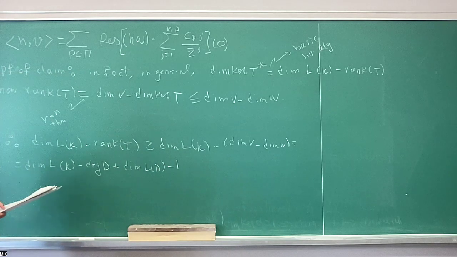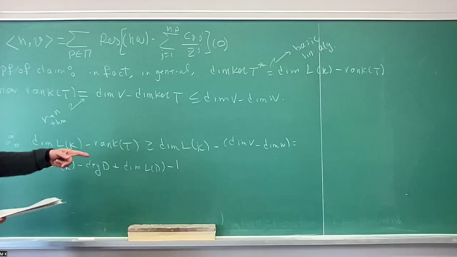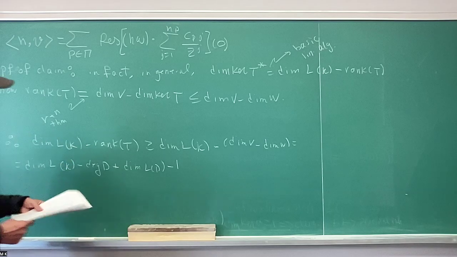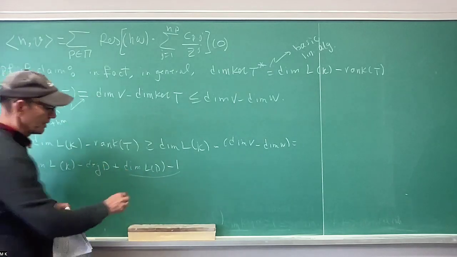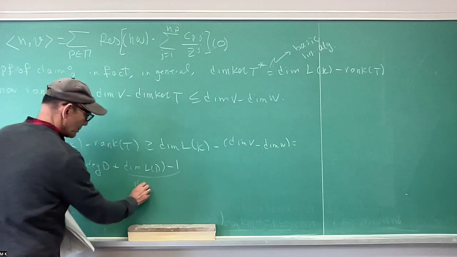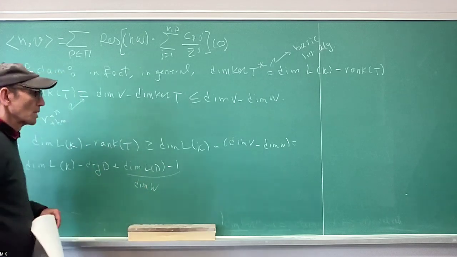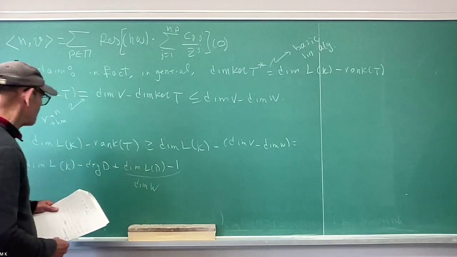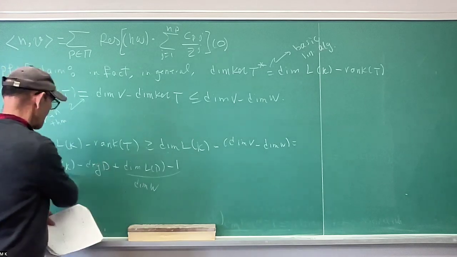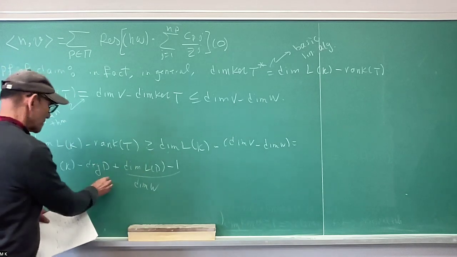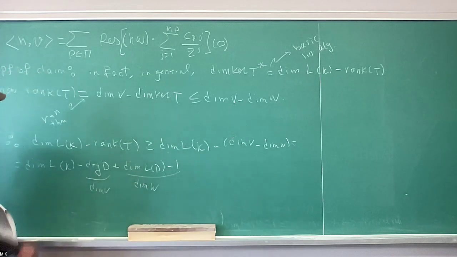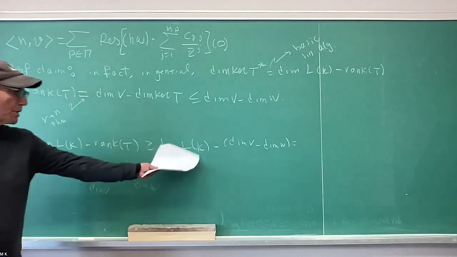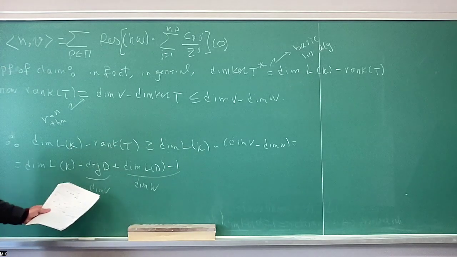Okay, so for this, this is minus and this is plus dimension of W. That is the dimension of W that I proved from the first part of the claim, I mean the first claim. Now this is dimension of V. And so from here to here is obvious.